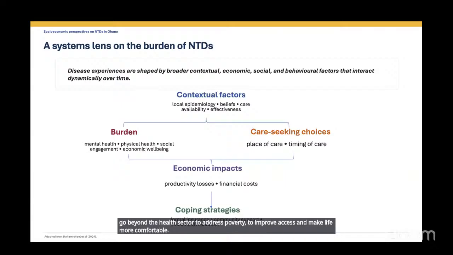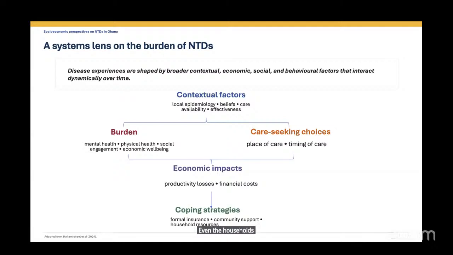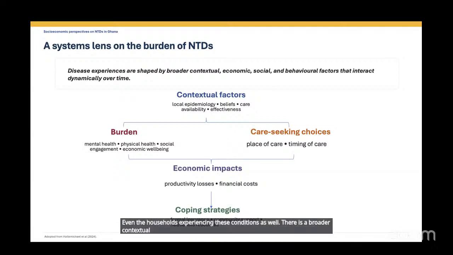And if you look at even the households experiencing these conditions as well, there are broader contextual arrangements that go with that. So I think one of the participants asked about the contextual issues.